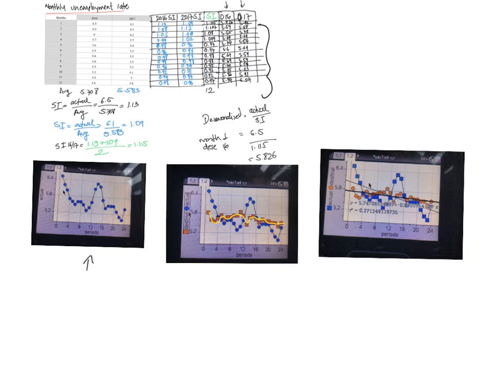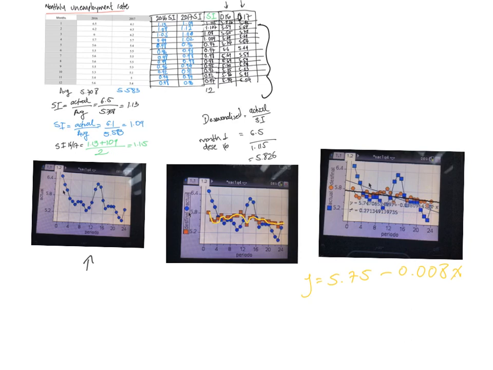And if you see in the last picture that I just pasted, we have an equation of that set of data, which is y equals 5.75 minus 0.008x, and that represents our y-axis.